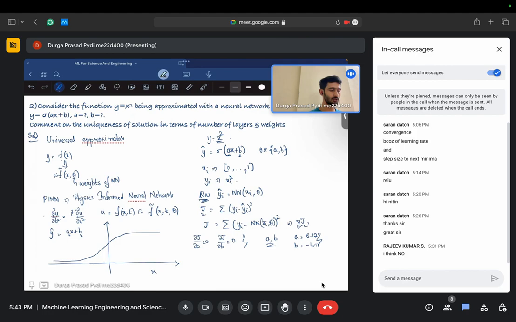So the question now is, are these weights constant, or will they change? Is the solution unique for a given problem? Why am I asking this question? Because we started out saying that we want to optimize, and by optimization we try to minimize something.